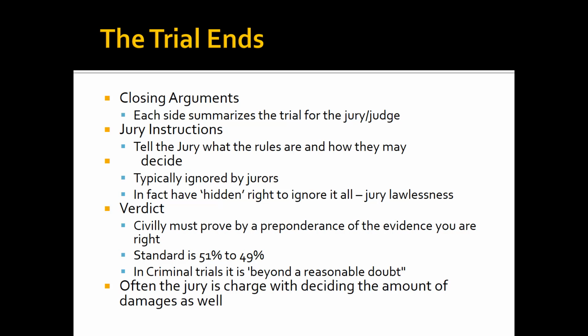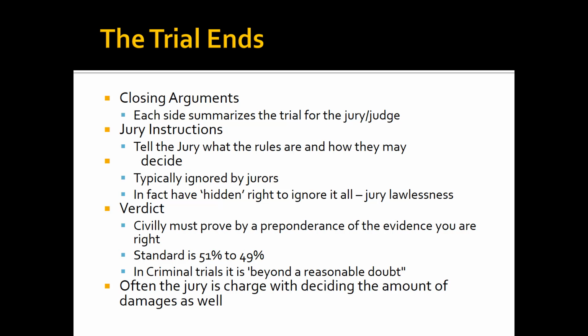Tell them what they just saw. Each side summarizes it, and then the judge tells the jury, here are your instructions. Now, they have the right, if they want, to ignore everything. They can go back in that jury room, do whatever they want. And it happens sometimes. It's called jury lawlessness.